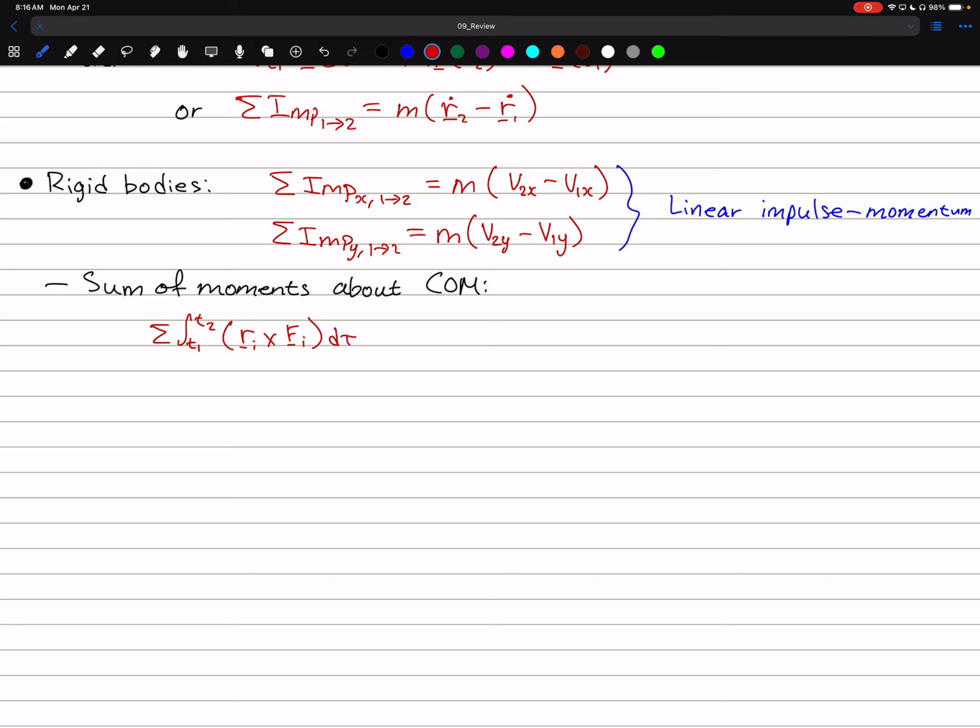So these are the moments produced by forces acting on the body, any internal or external forces, plus the sum of the integrals from t1 to t2 of the moment, say M sub i, dt. And this integral should be with respect to t.